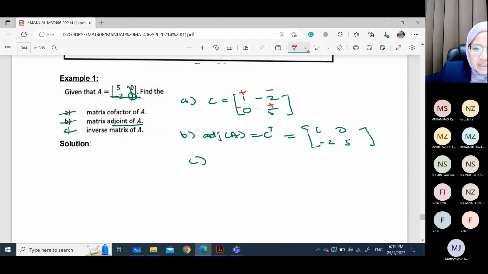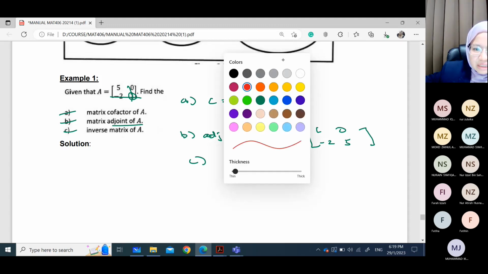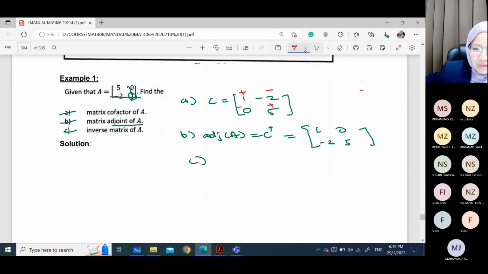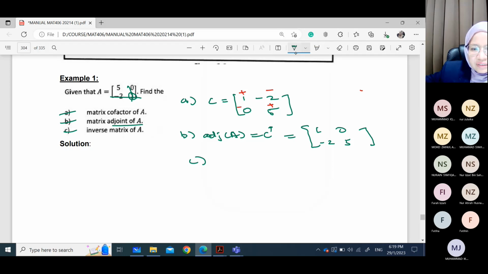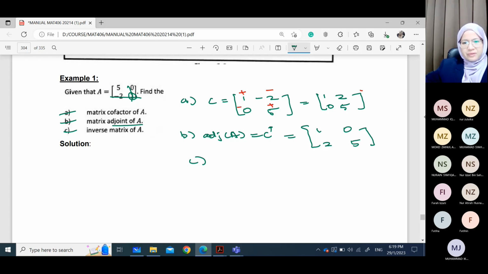So dia punya C is actually, dia akan jadi, saya baik you ingatkan. Kalau saya pun lupa. So C sama juga dengan, so 1 plus 1, negative, negative is positive. So 0, 0, 5 positive. So this is our C. Okay. Jadi kita punya C transform adalah, kita transform daripada C ni, iaitu 1, 0, 2, 5.